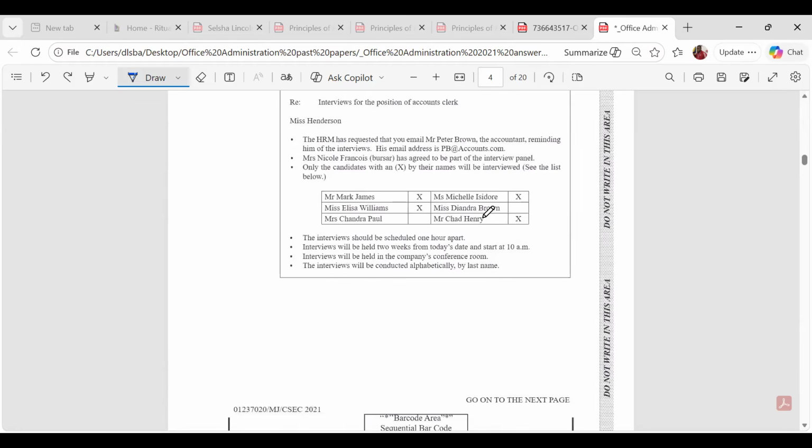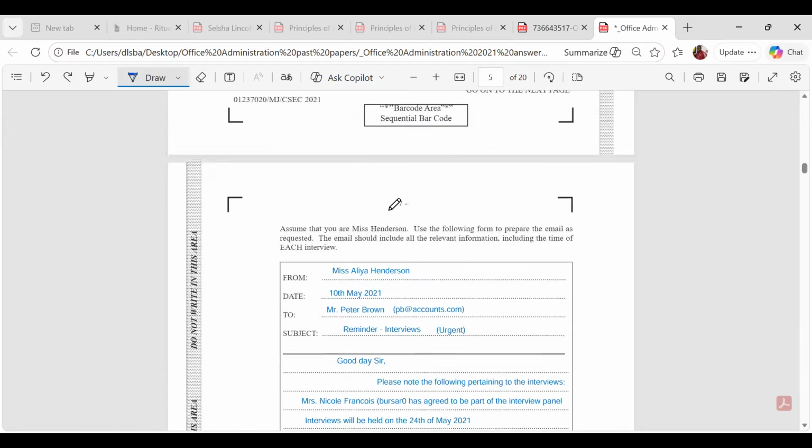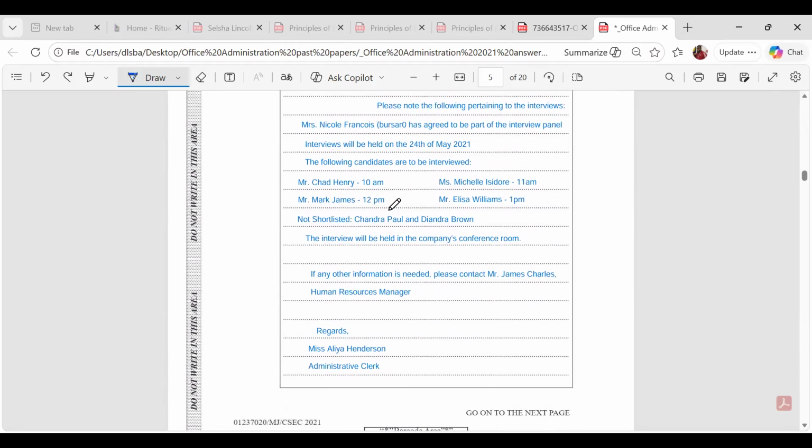So Henry would have been first, then Michelle, then Mark, then Elisa, because it's alphabetical order based on last name, and it's 1 hour apart. So Chad Henry first, Michelle Isidore, Mark James, Elisa Williams.